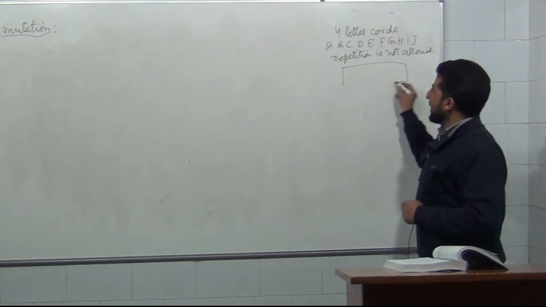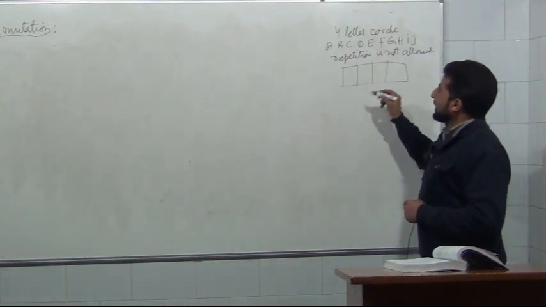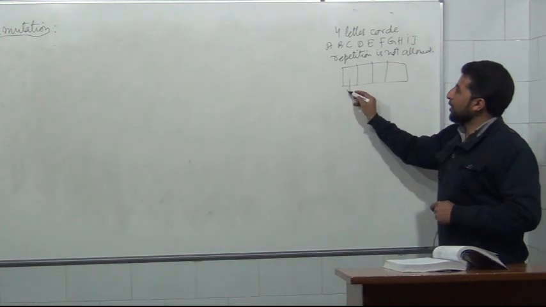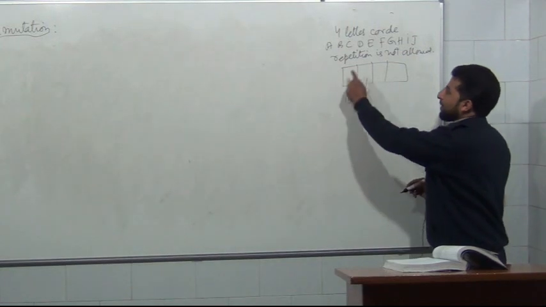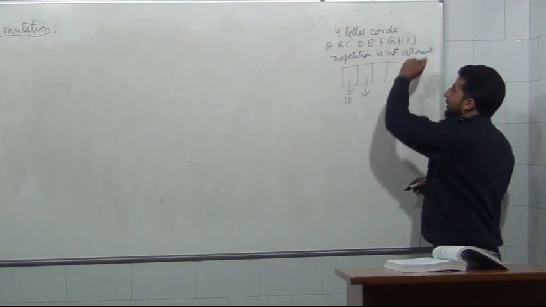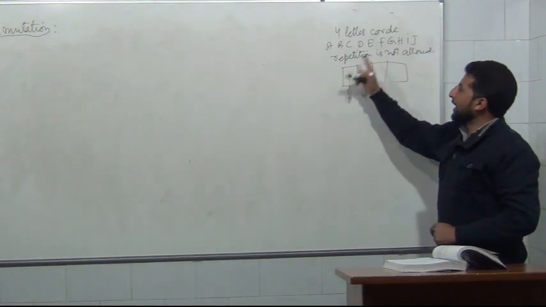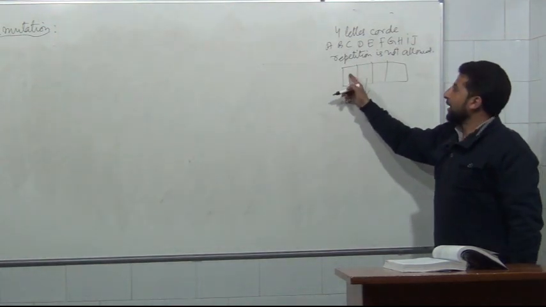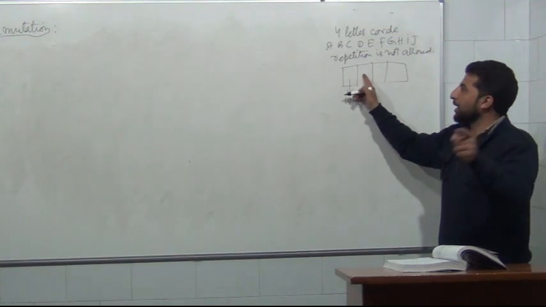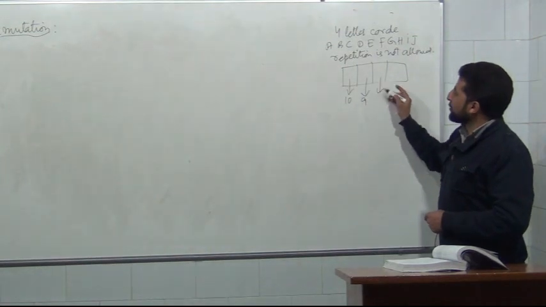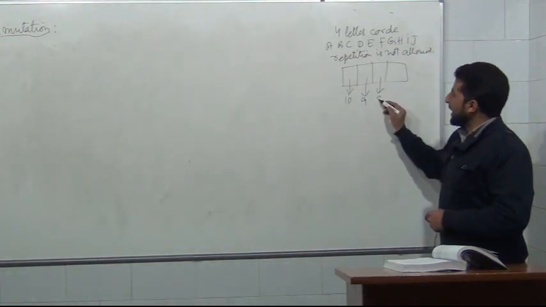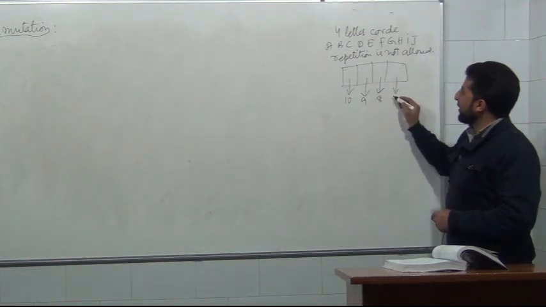We have to make a 4-letter code. That means to fill this place, you have 10 options. To fill this, since repetition is not allowed, you have already used one among A to J at the first place. Now you cannot use it again, so you have just 9 options, and since you have used 2 now, you have only 8 options, and to fill this you have 7 options.